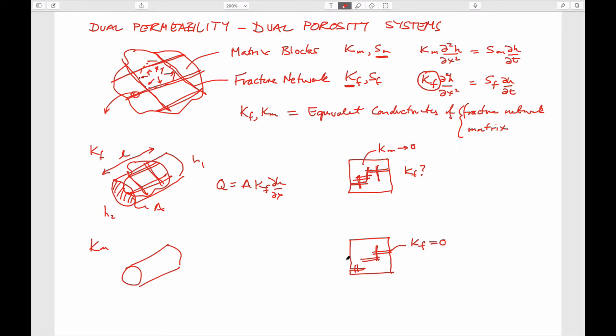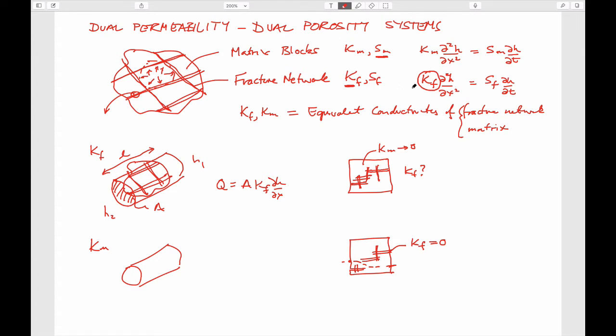So now in this particular case, this would have some permeability because you can imagine something flowing from one side to the other. If you complete this network and do this, then all of a sudden the permeability of the matrix now would be 0. And so the point that we're trying to make is that these values are kind of geometric. They're not just the individual permeability of a piece of matrix or a piece of fracture, but they're the hydraulic conductivity of the system per se. So that's the first part.